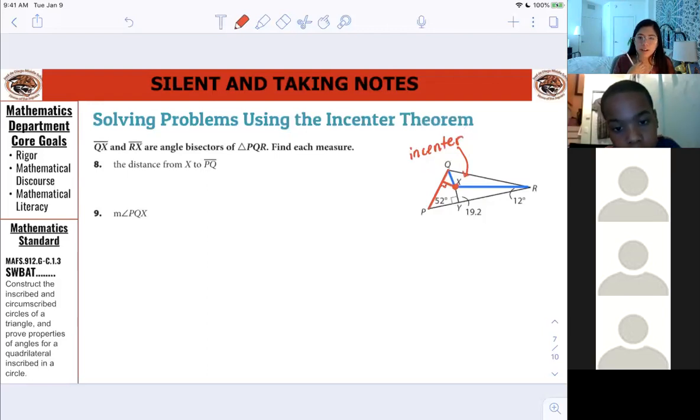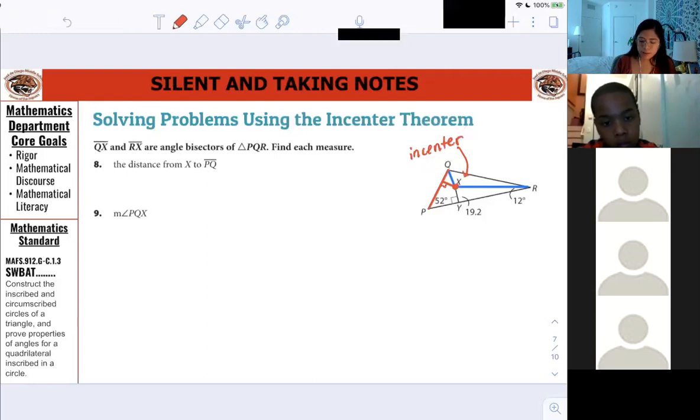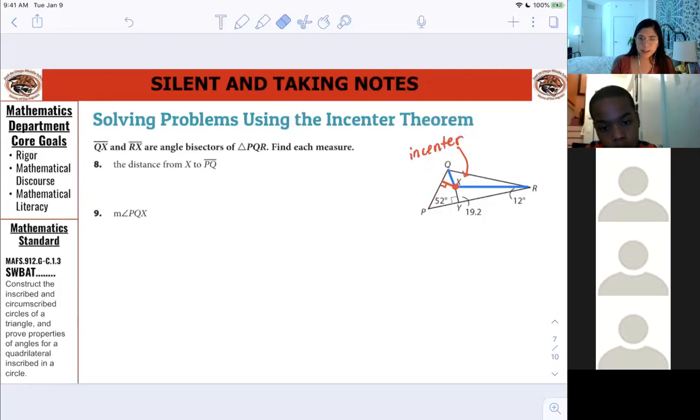Well, what do we see on the diagram that can help me out? What do I see on the diagram that might help me figure out the measurement of that red line segment that I'm looking for? The red line segment next to X, XY.